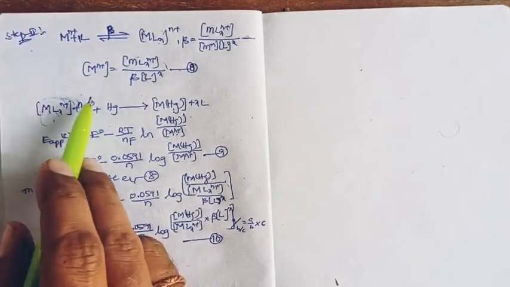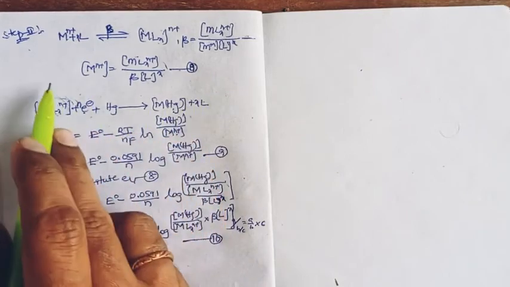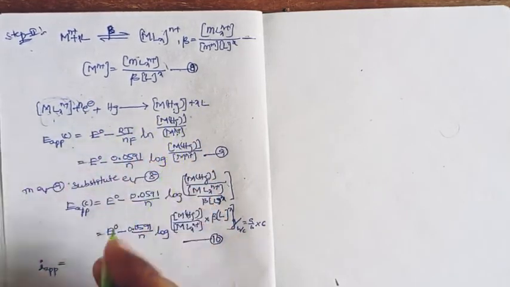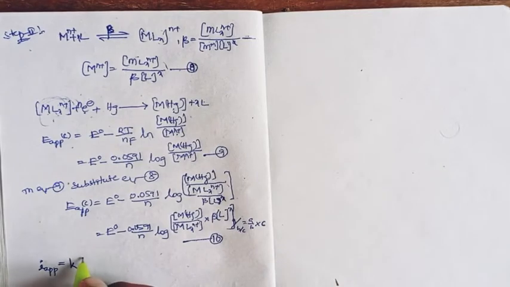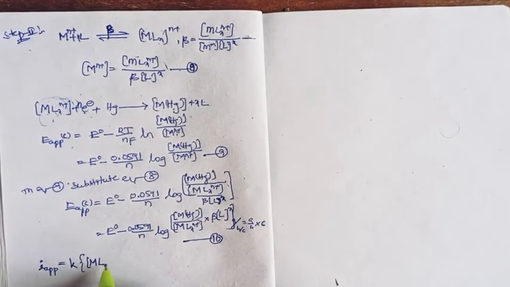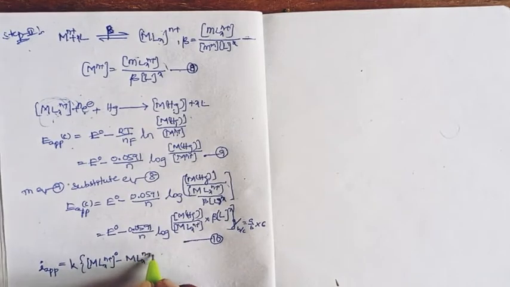When the applied current is more and more, the reduction of complex will be more and more. When the applied current is less, the reduction of complex will be less. So the applied current is proportional to the concentration change in metal complex, from the initial concentration to the remaining metal complex concentration.